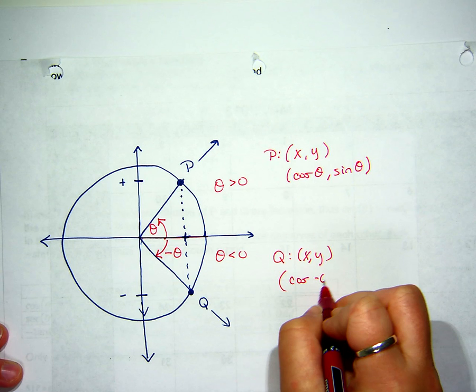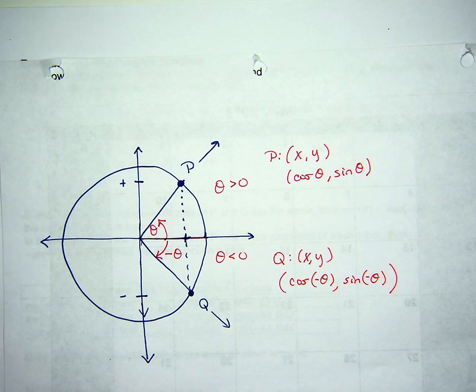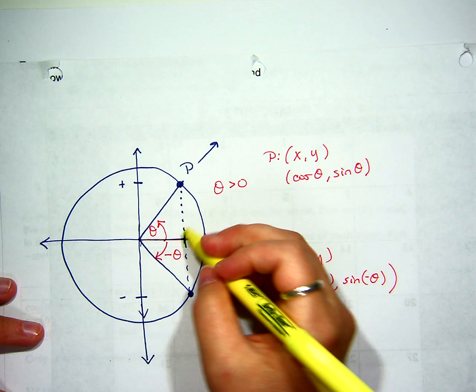Okay? Now, we had said that P and Q line up at the exact same value on the x-axis, which means that the x-coordinate for P and the x-coordinate for Q are the same exact value.